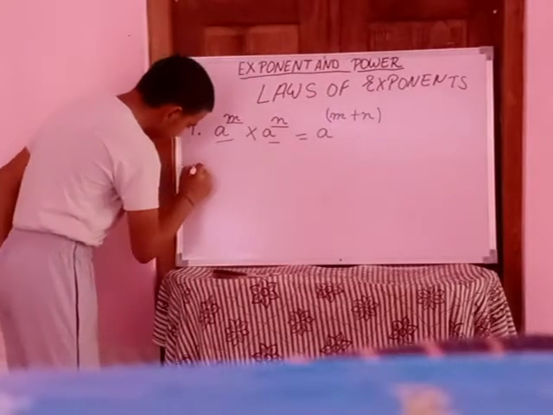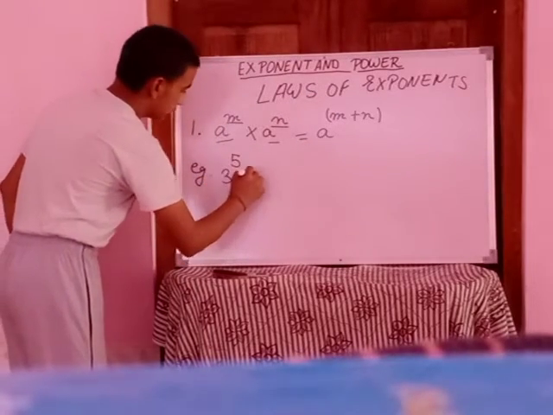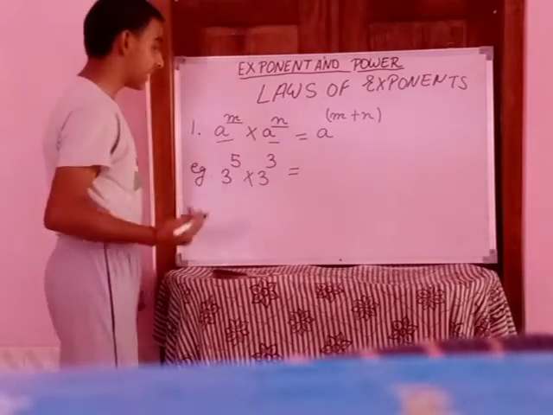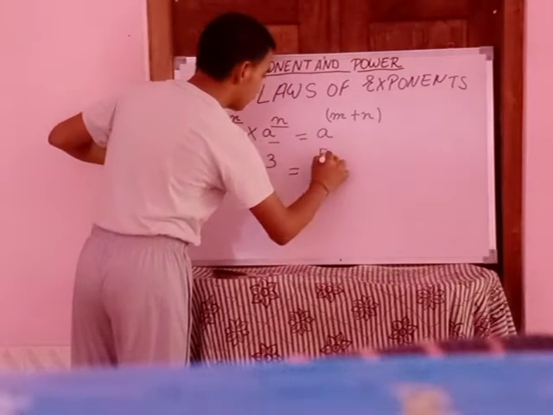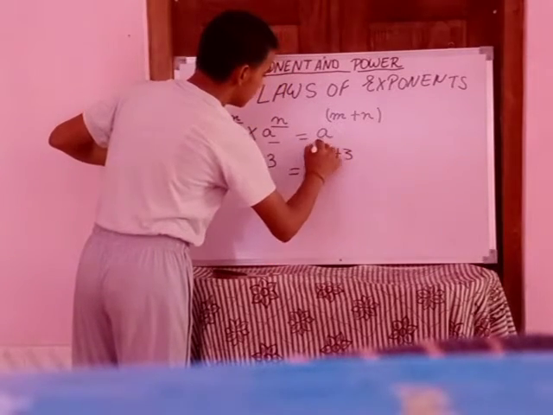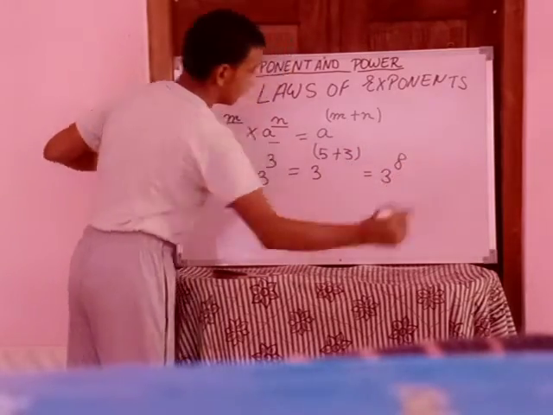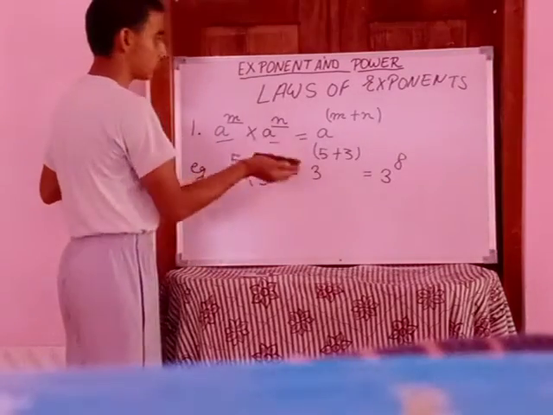For example, 3 raised to the power 5 into 3 raised to the power 3 can be expressed as 3 raised to the power 5 plus 3, which is equal to 3 raised to the power 8. Now let's move to our next law of exponents.